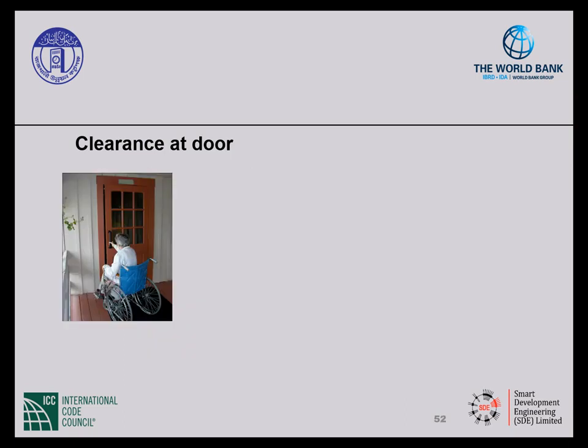Let's look at why maneuvering clearances are so important at a door. Here you see someone in a wheelchair that has approached the door from the pull side. As the person has reached out for the door handle, they have maneuvered their wheelchair slightly to the left.